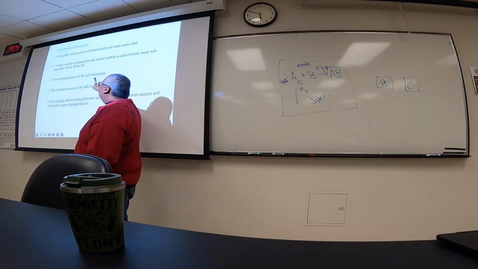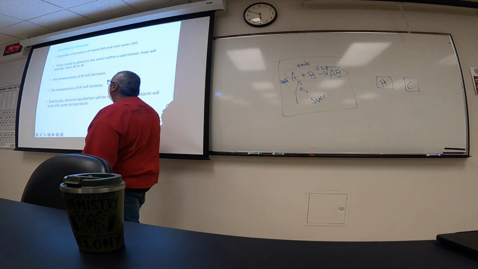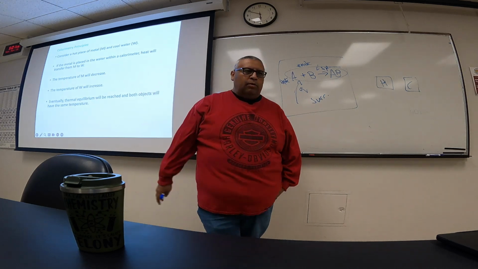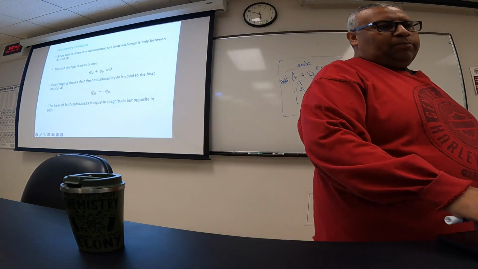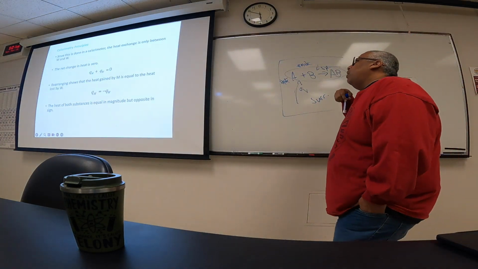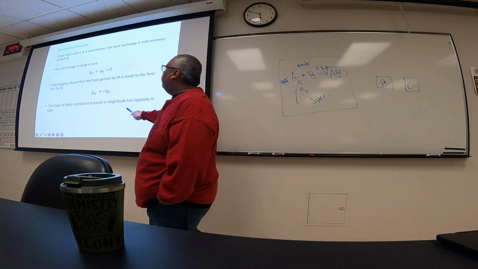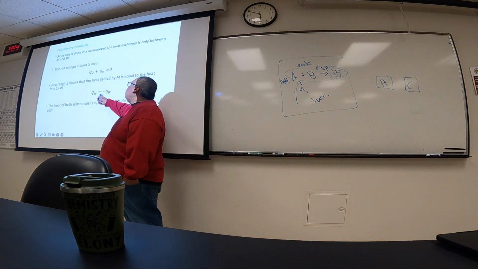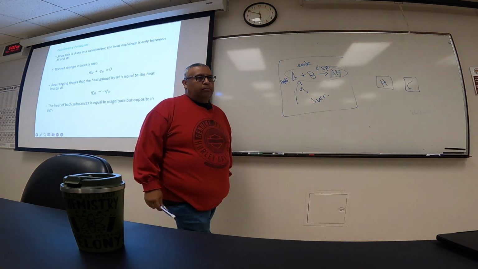So the temperature of the metal will decrease, the temperature of the water increases, and eventually we reach some thermal equilibrium. And here's what I had mentioned prior: Q of the metal is equal to negative Q of the water.